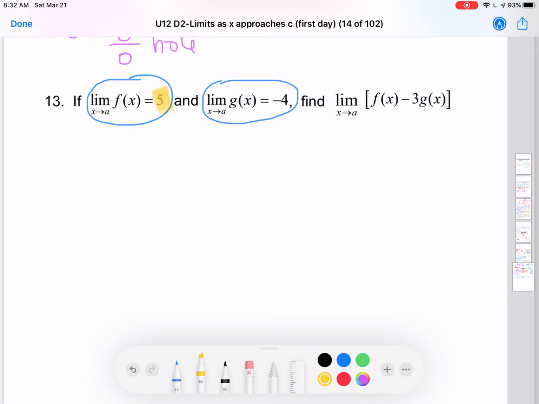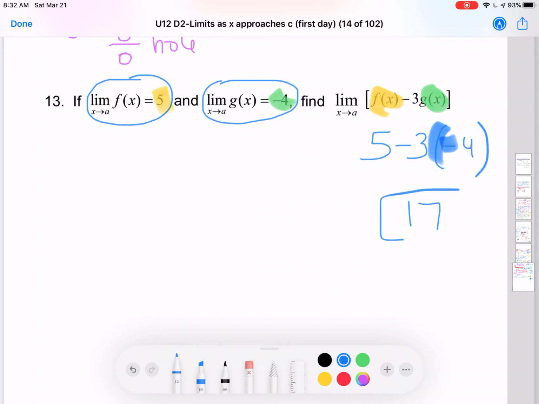So f of x is 5, so you're going to put a 5 in right here. Minus 3, and then g of x is -4, so you put a -4 in there. Okay, so we're left with 17.